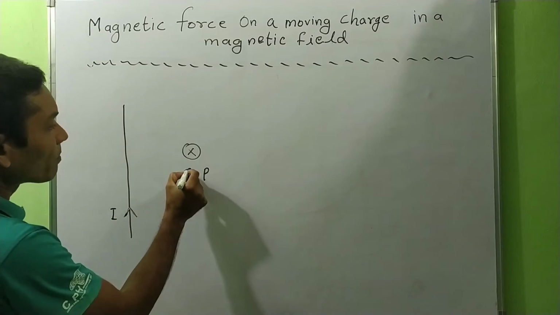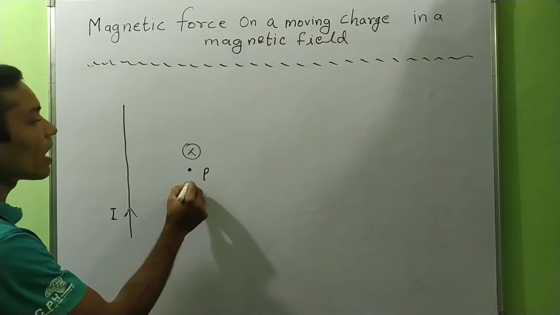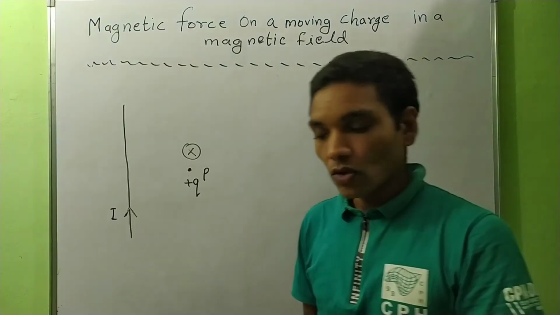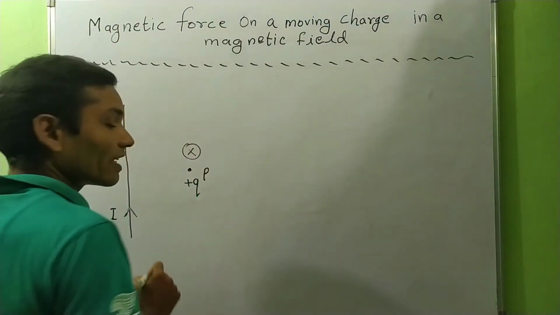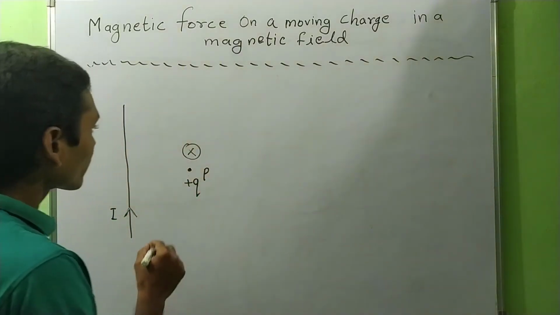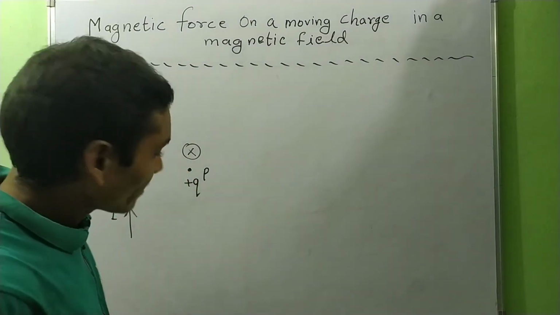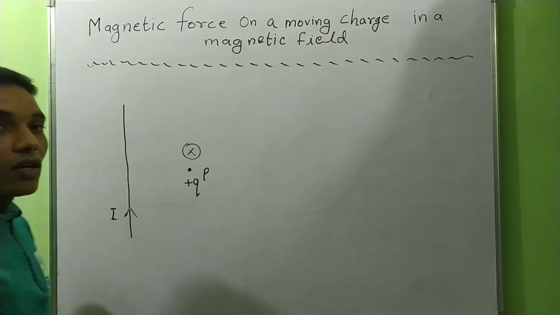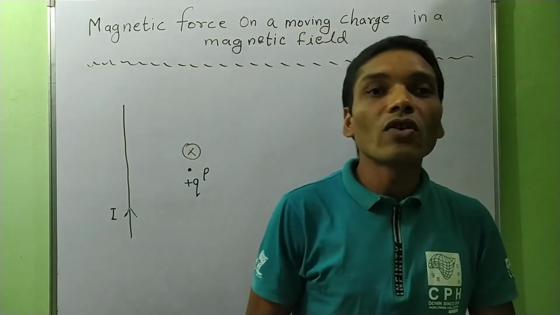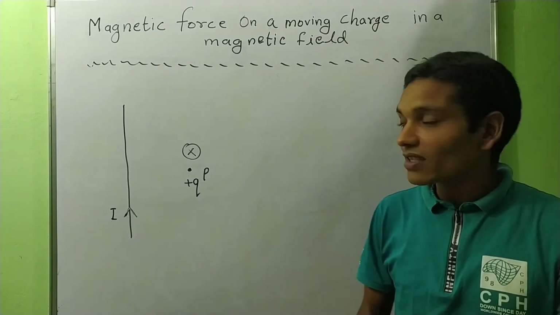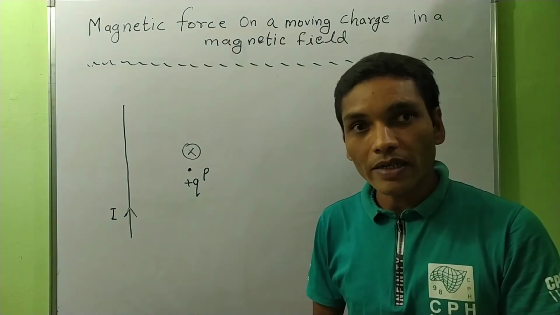Let a positive charge plus Q be placed at point P. If this charge is made to move in any direction, then this charge is called a moving charge particle.